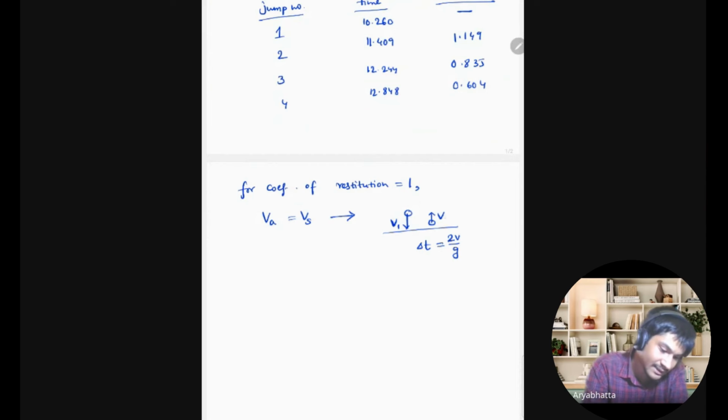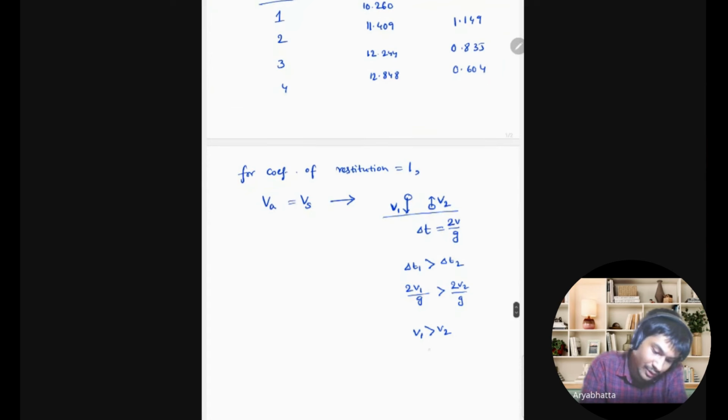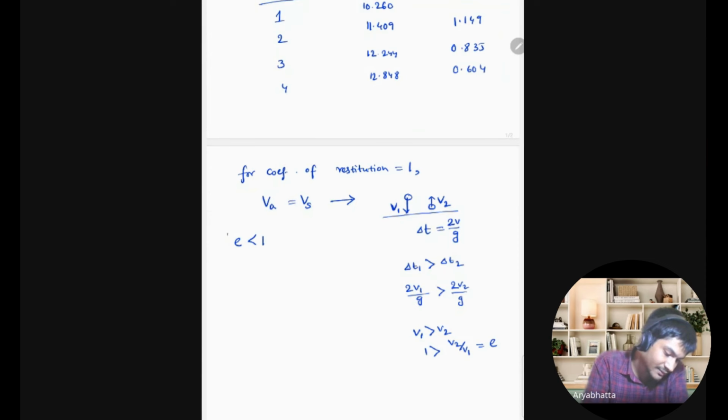Suppose this is v1 and this is v2, then delta t1 greater than delta t2 implies 2v1 by g greater than 2v2 by g, which implies v1 greater than v2, which also implies 1 greater than v2 by v1, which was our definition of E, the coefficient of restitution. So that means our coefficient of restitution for this experiment is less than 1.